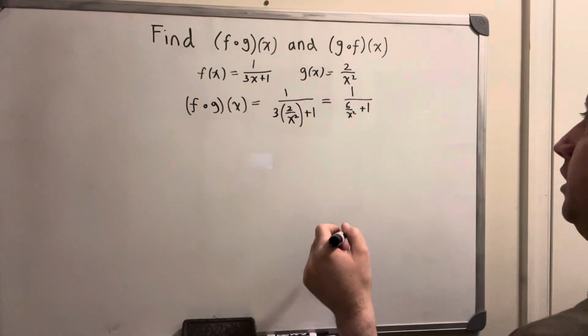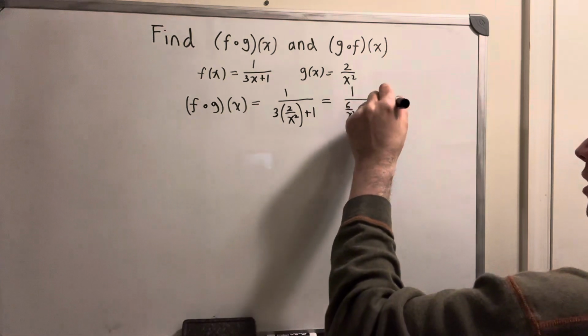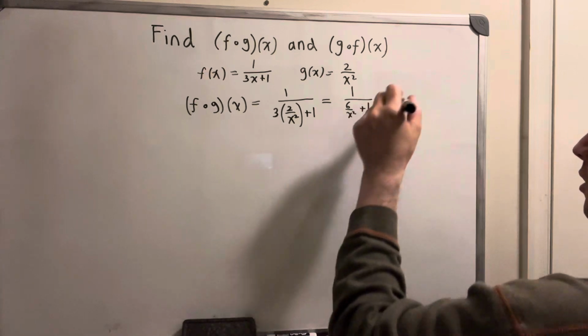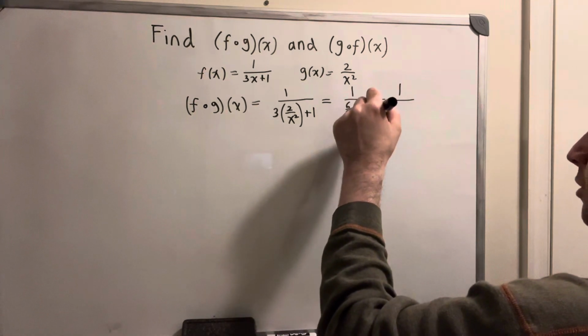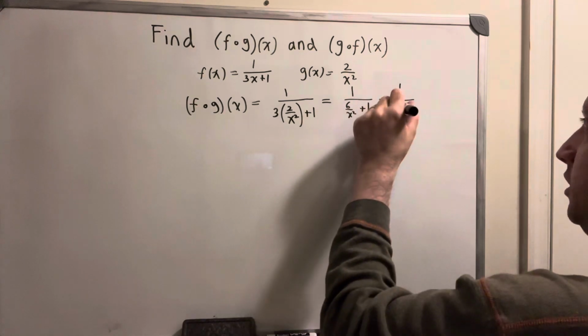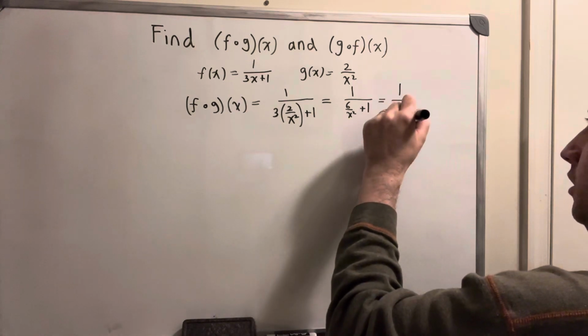We can see if it will look nicer if we combine this fraction in the denominator. This is the same as 1 over, multiply the top and the bottom over here by x squared. This is 6 plus x squared over x squared.